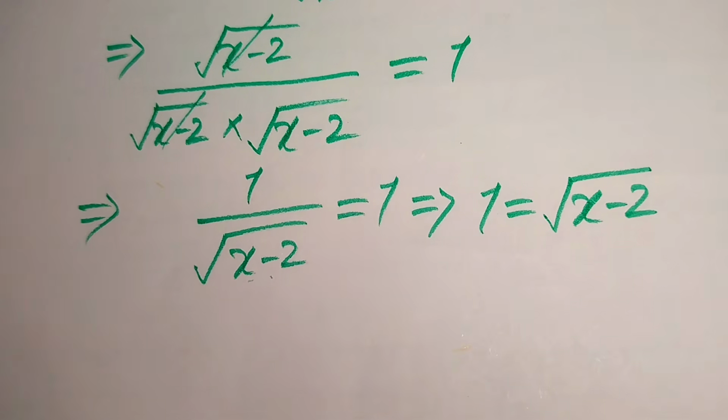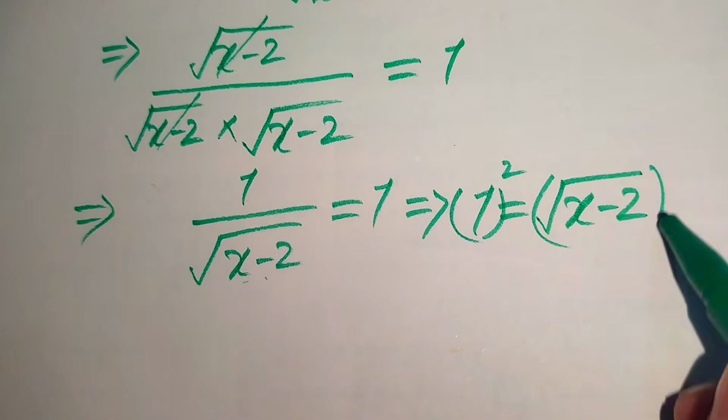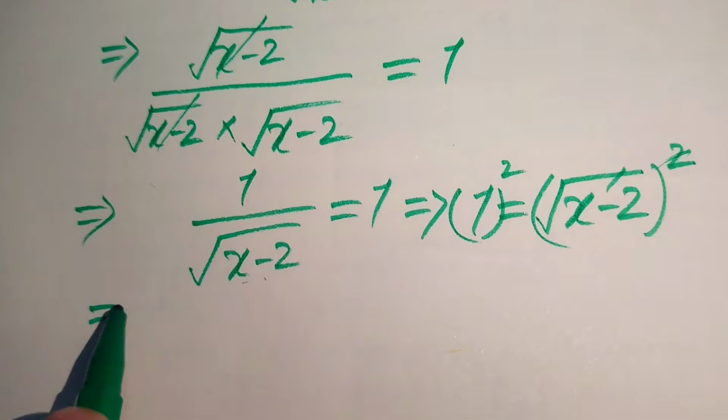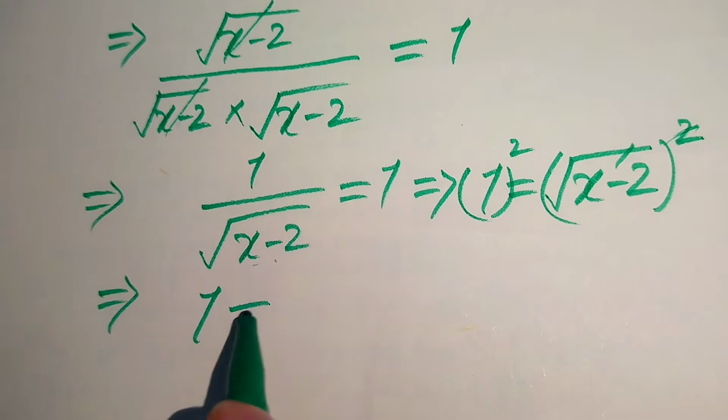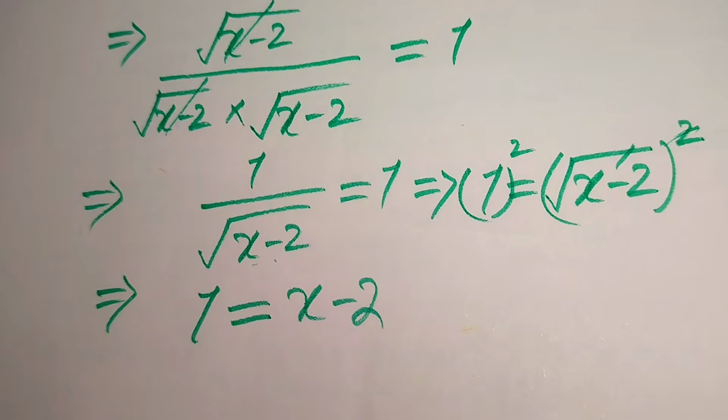So further, in the next step we need to remove the square root sign, and for this we apply squaring on both sides. When we apply squaring, the square and the square root cancel, and we get 1 squared equals 1, and in the right hand side we get x minus 2.